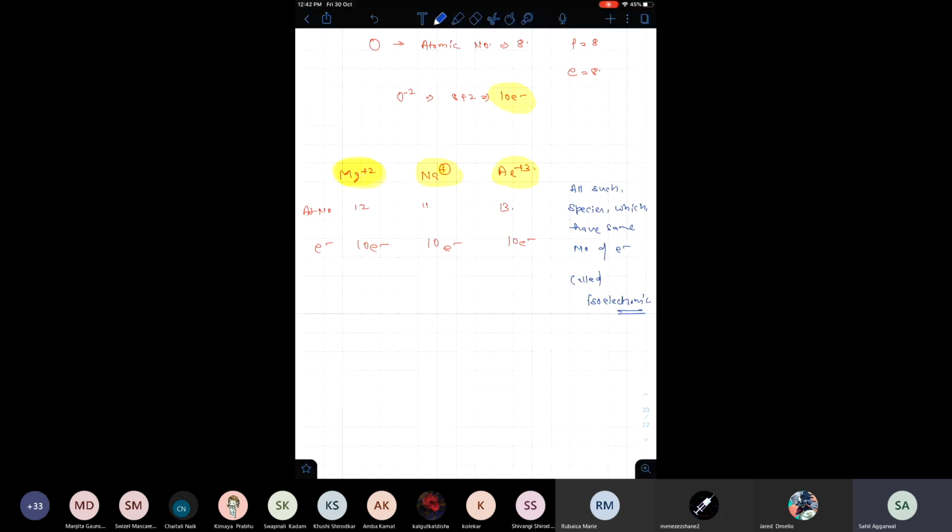In case of isoelectronic species, we have to calculate electron by proton. Electron by proton, so this will be 10/12, this 10/11, this 10/13. It will be like this. Okay. Any doubt till here?